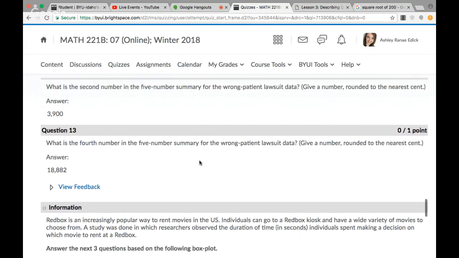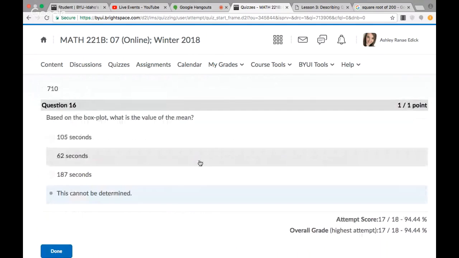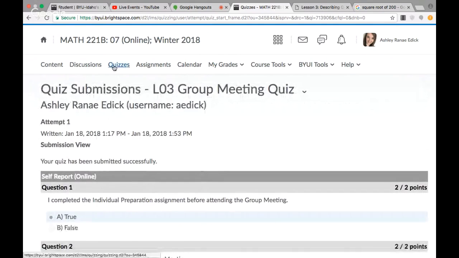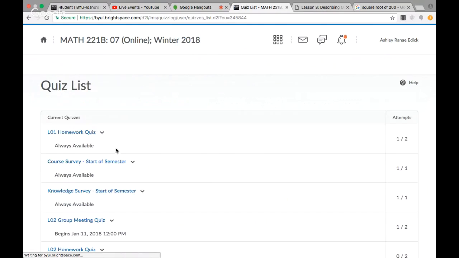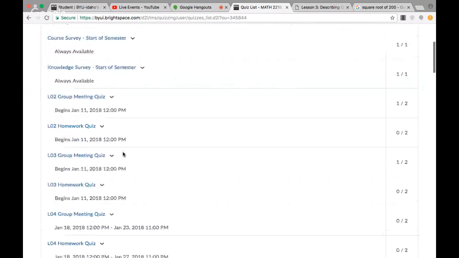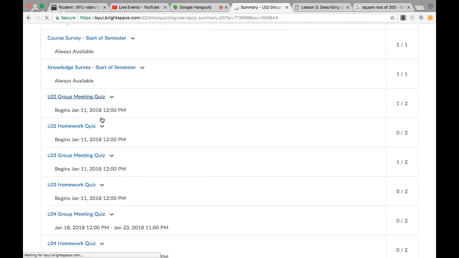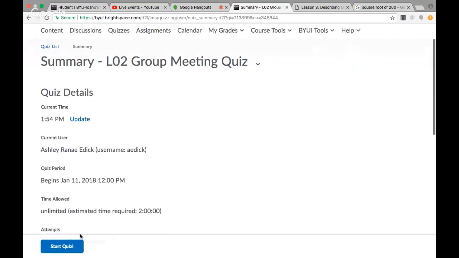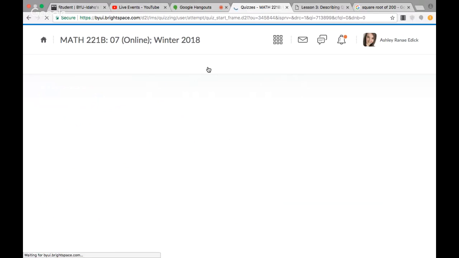Wrong. Let's go back and do it again. We have 2 attempts, and we can just change that one. Because it's asking for the fourth number. Which five would be total numbers. 75th percentile. Oh, yeah, yeah, yeah.